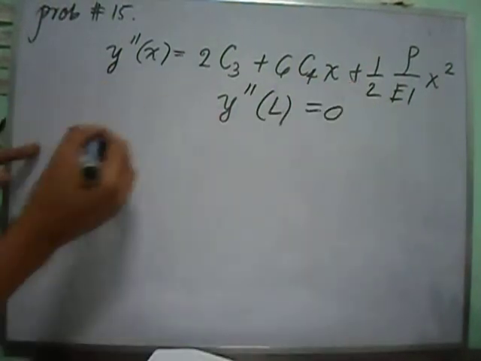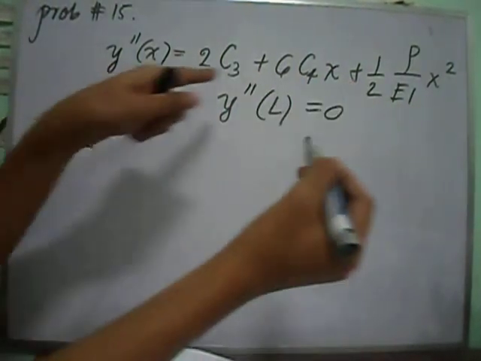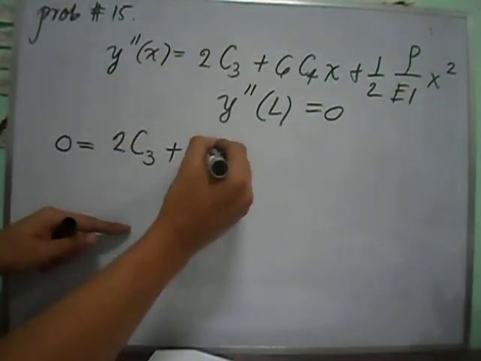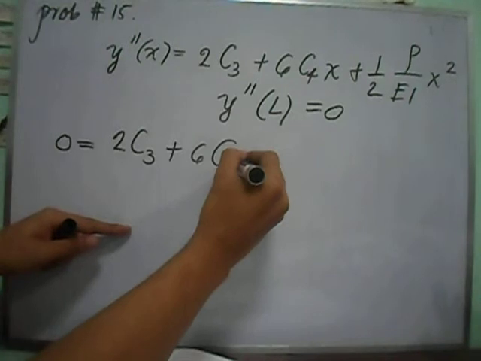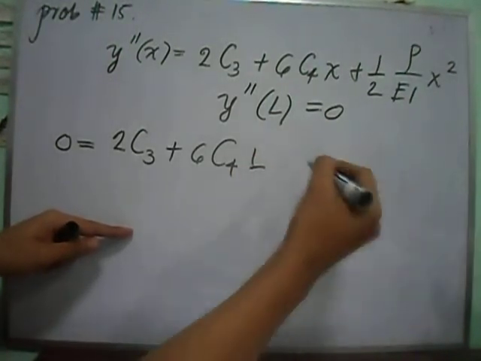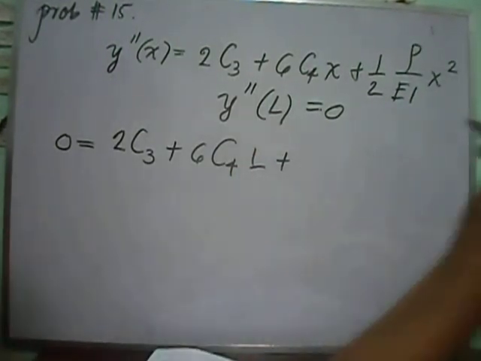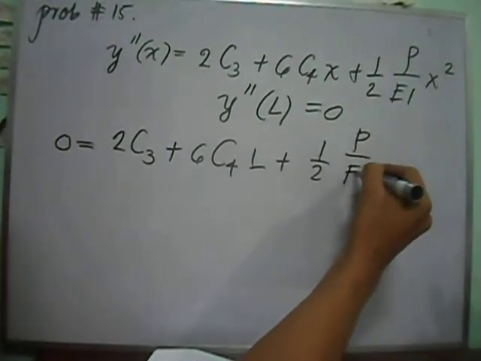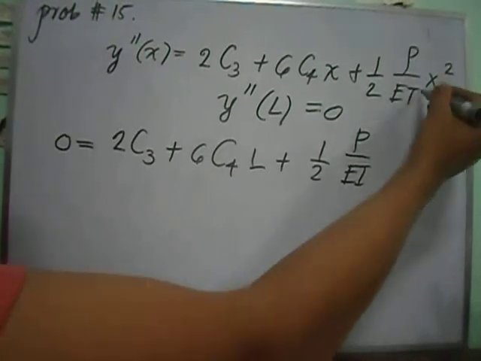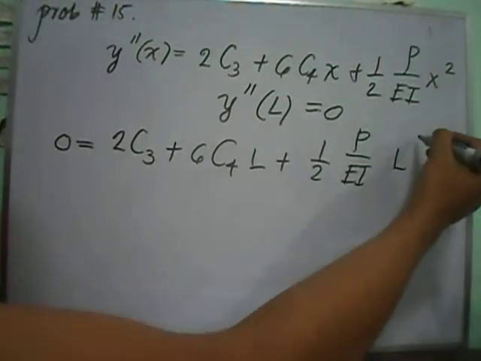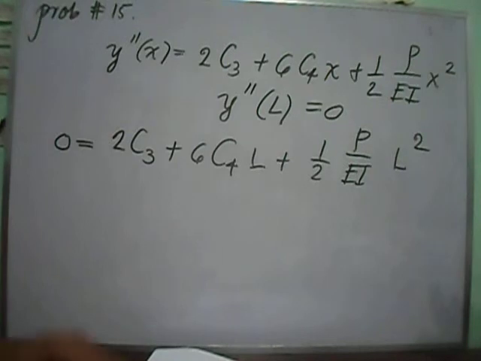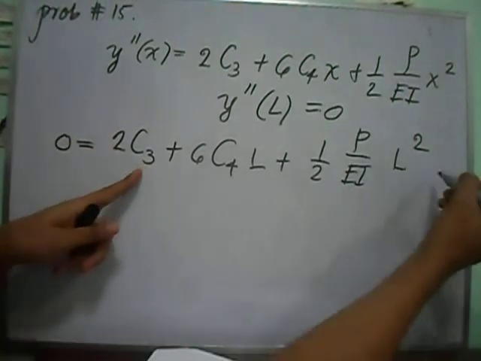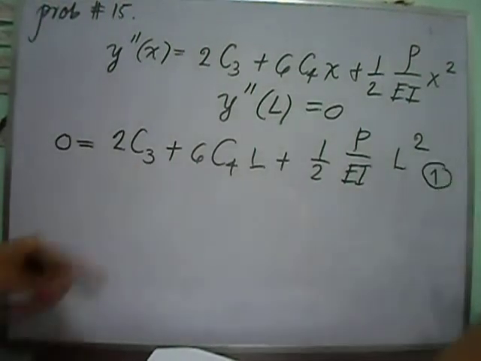By equating this to 0 and replacing L for x, we get 0 is equal to 2c3 plus 6c4 L plus 1/2 P over EI, L squared. We have now an equation in two unknowns c3 and c4. We'll mark this as equation number 1.